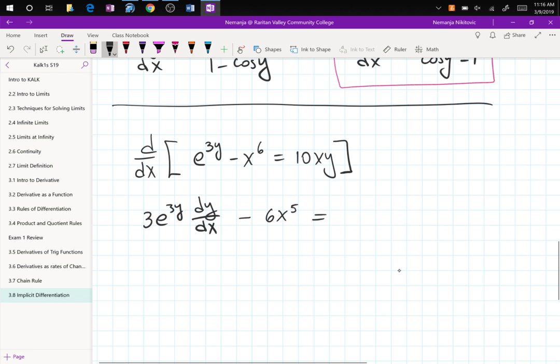Equal to, and what do I have on the other side? I have a product rule, because I have a function x, which is a linear function, multiplying function y. So we have the product rule here.